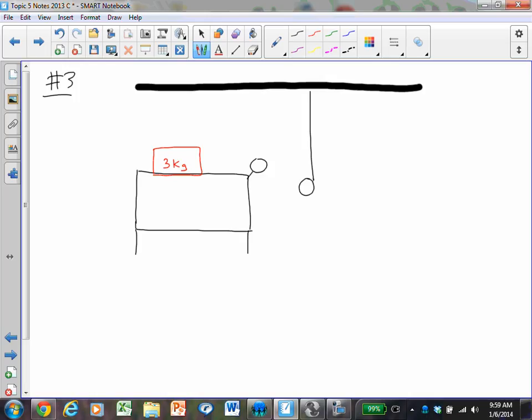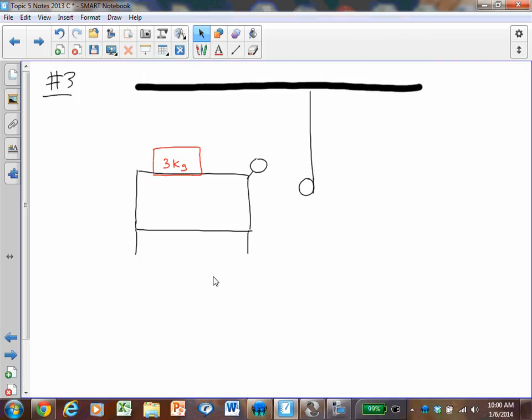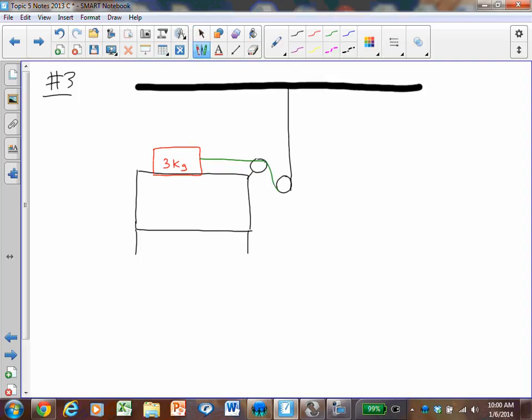Some of you will do stuff like this when we set up the lab, or where we break up and do different things. Trying to get this to go right. So there, it's set up like that, and then hanging from that is another 10 kilogram mass. Okay.